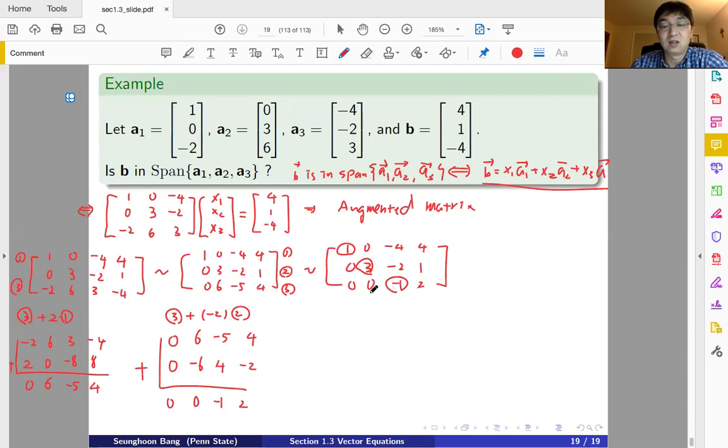Each column has a pivot. So the solution exists, and we have a unique solution. Yes, the vector B is exactly a linear combination.